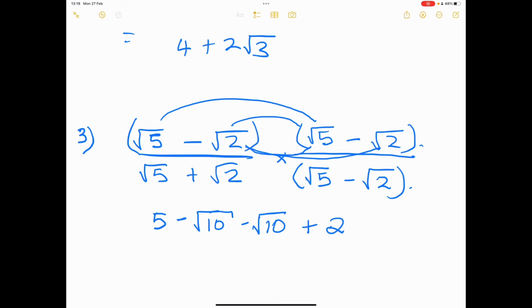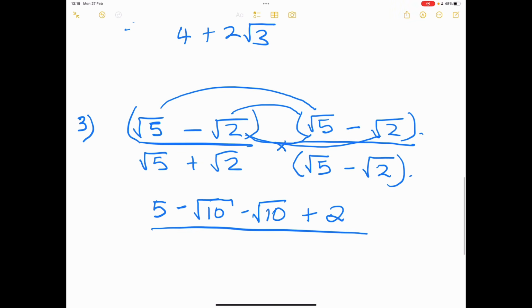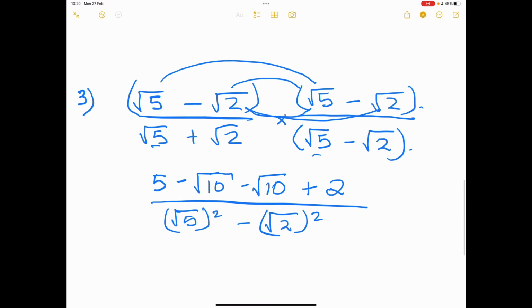Okay, now let's try and simplify that, but let's look at the bottom. We said at the bottom, because we are rationalizing, so this is going to be root 5 plus root 2 times root 5 minus root 2, or you can look at it as just simply saying root 5 squared minus root 2 squared. You remember that, right?